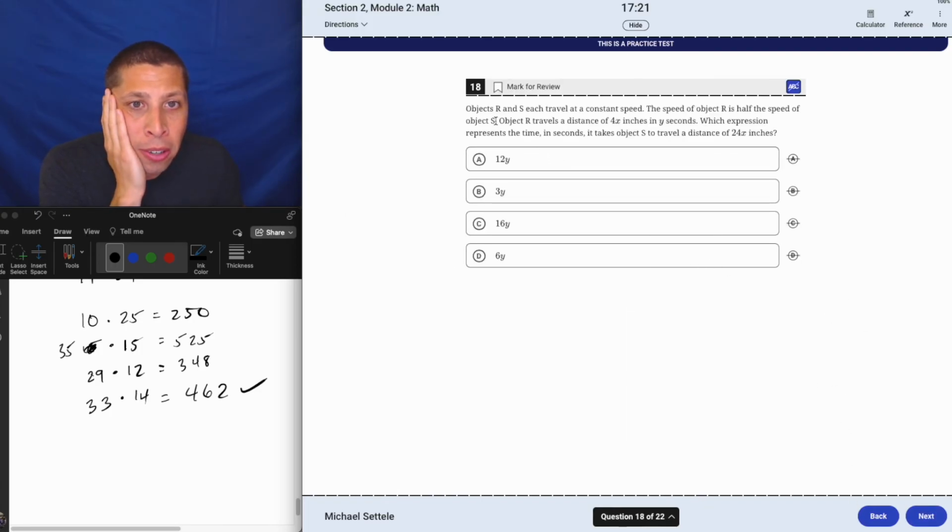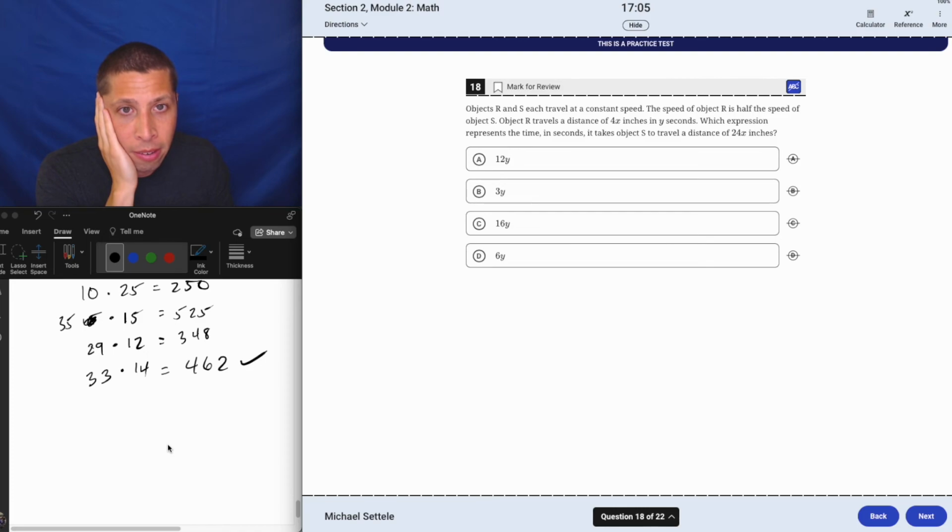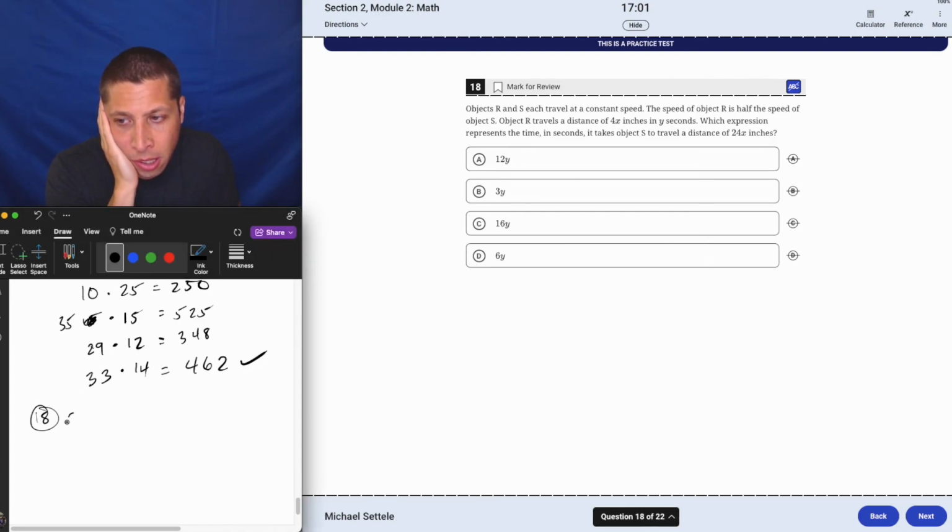Objects R and S each travel at a constant speed. The speed of object R is half the speed of object S. Object R travels a distance of 4x inches in y seconds. Which expression represents the time in seconds it takes object S to travel a distance of 24x inches? Okay, so this is very confusing. Why don't we just arithmetize? Arithmetize means make up some numbers.